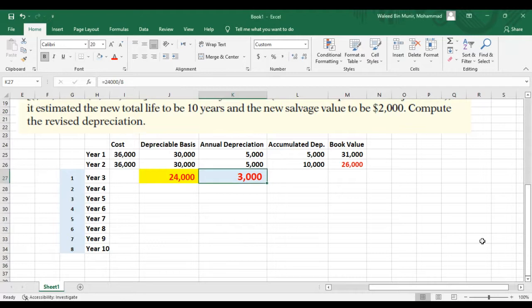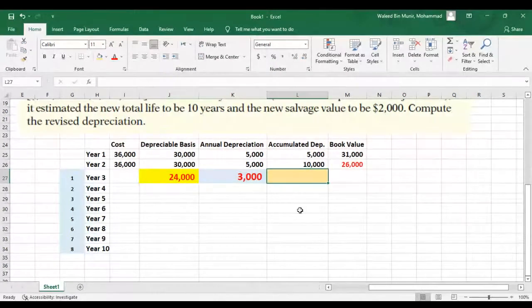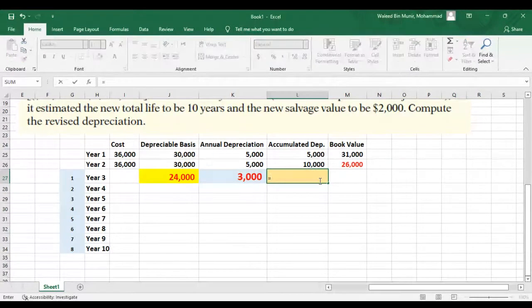Okay. Now let's continue this one. What will be the number here? What will be your total accumulated depreciation? What will be the total accumulated? 10 plus 3, 13,000. Yes, thank you. It is 10 before. Our total depreciation for 2 years is 10 plus 3, so it will be this one plus.